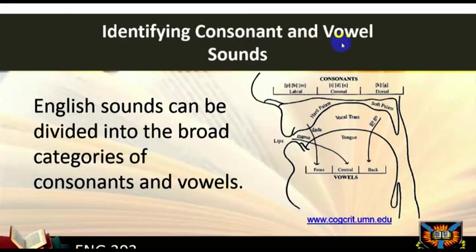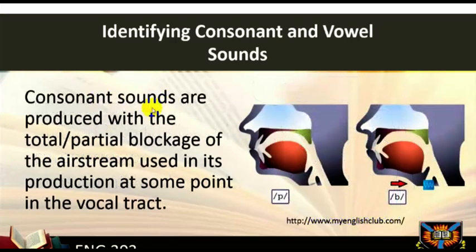Identifying consonant and vowel sounds. English sounds can be divided into the broad categories of consonants and vowels. Consonant sounds are produced with a total or partial blockage of the air stream at some point in the vocal tract.